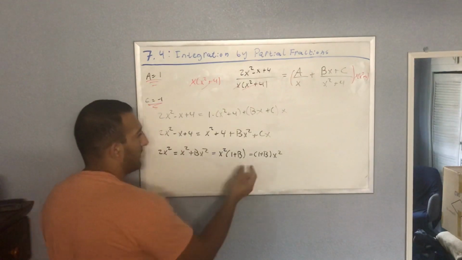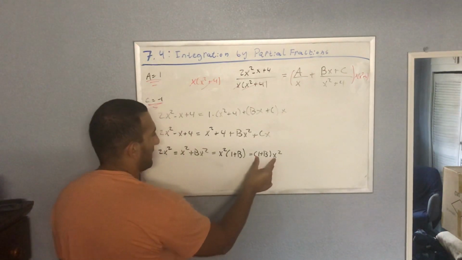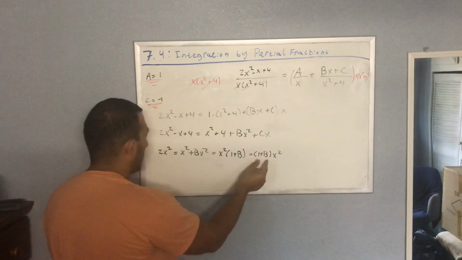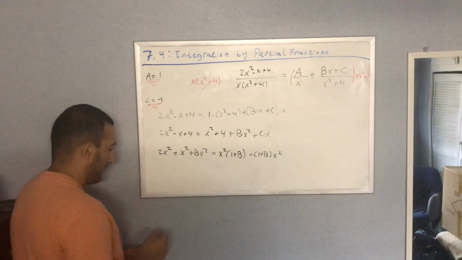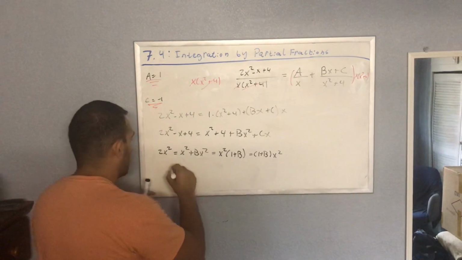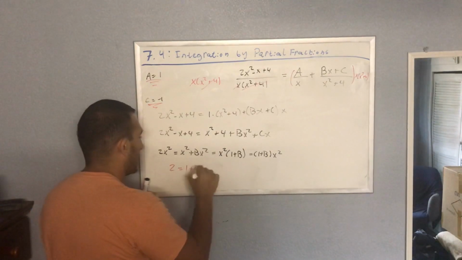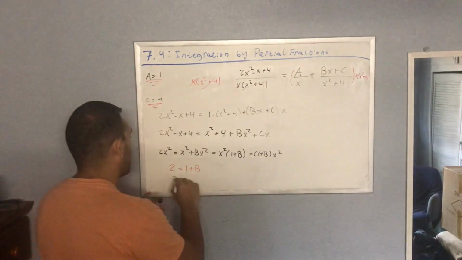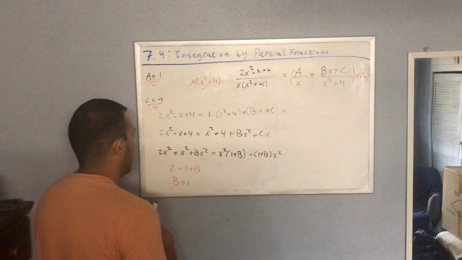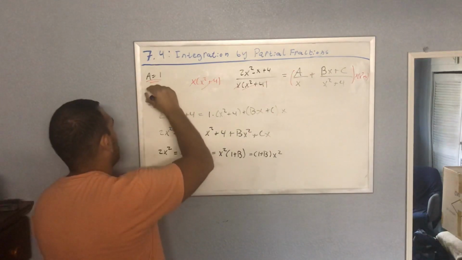So notice the coefficient in front of the x squared here is 1 plus b, and the coefficient in front of what it needs to be equal to is a 2, meaning we get this equation: 2 equals 1 plus b. The coefficients must be the same. And so this immediately tells you that b is 1. So b is 1, that's what we conclude.